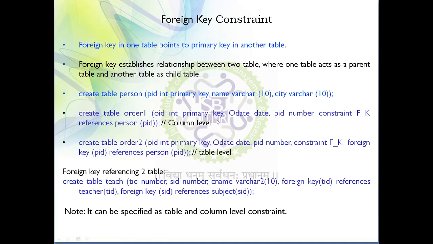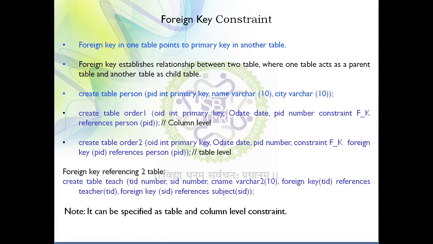In this case, order one is a child table which refers to only one parent, person, but it is also possible that a child can refer to person 1 and person 2. That is, a foreign key can reference two tables. An example is the teach table, where one foreign key references teacher TID, and the second is SID from the subject table. All these things we will demonstrate with the help of live SQL.